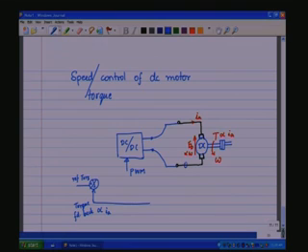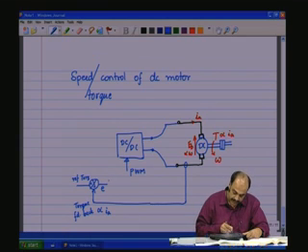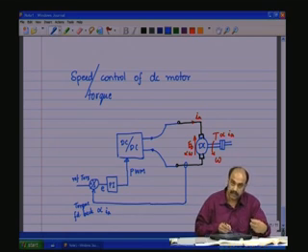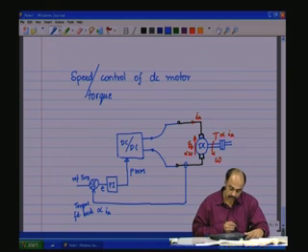So if you sense Ia, process it electronically and bring it back, and when you compare it plus and minus, you get an error E, and that error is passed through a controller, let us say a PI controller, and that would be used for producing a pulse width modulation. So as the current here increases beyond the reference torque, so you have the torque applied more than the reference torque, the error is negative, the pulse width modulation reduces the voltage, reduces the current. So that would be the torque control.